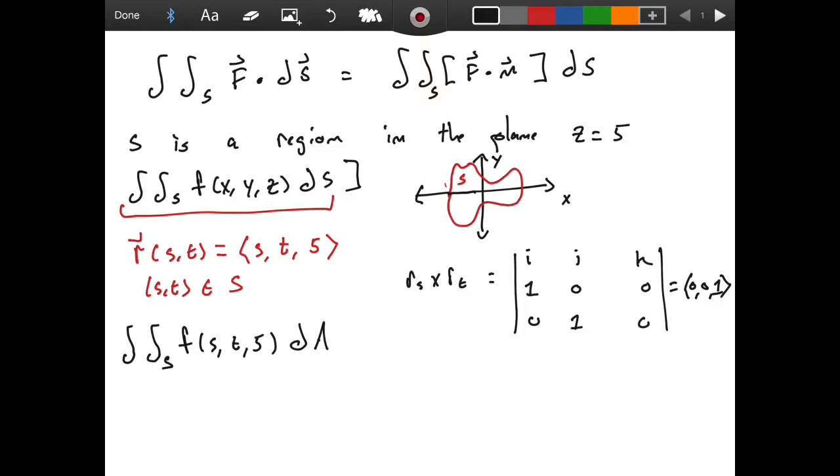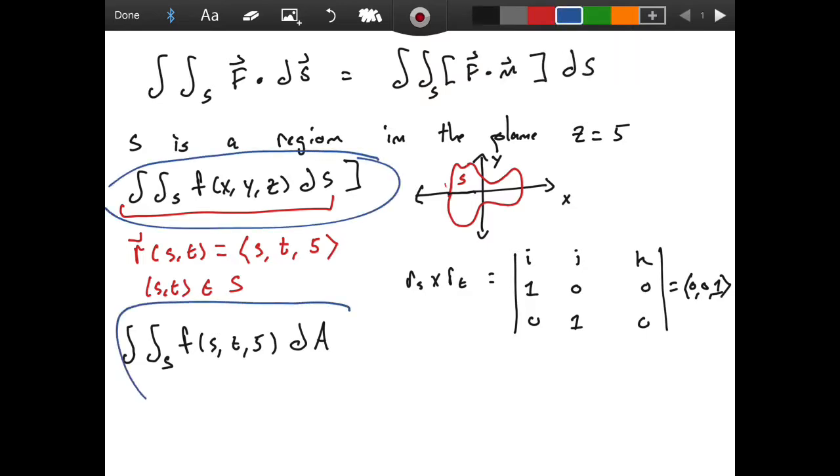The important thing here is that when the surface lies in a plane that is parallel to one of the coordinate planes, in this case the xy plane, this surface integral is just the two-dimensional integral over this region S of the same function. Because s and t are just parameters, we could easily rename them x and y, and since s and t are in the region S, x and y are also in the region S.